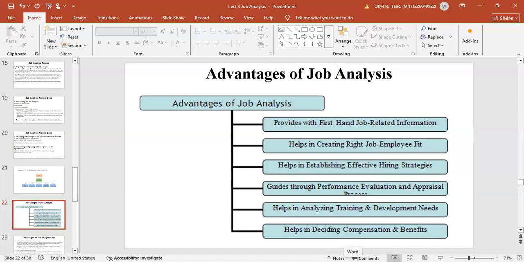Three, it helps you to conduct effective recruitment or effective hiring of employees. Four, it helps you to know the amount to be paid to employees. Six, it will help you to conduct effective training for the employees.